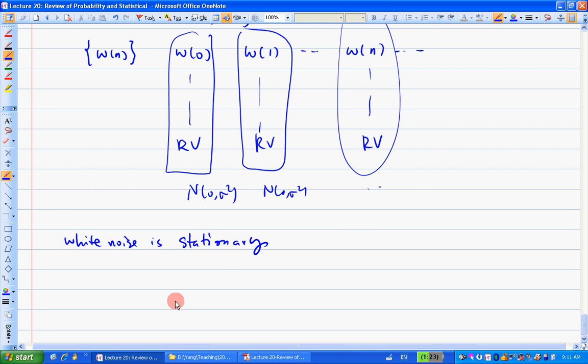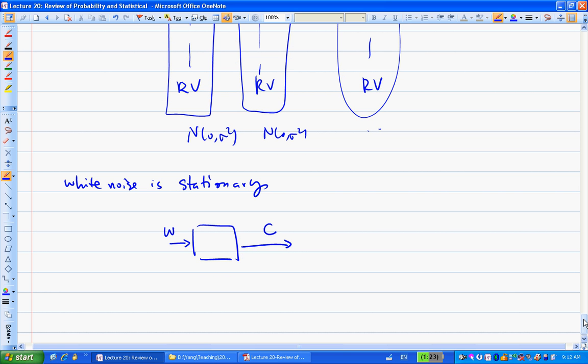Colored noise is generally what you get if you pass W through a certain kind of channel, say H. Most probably the output is going to become colored noise.